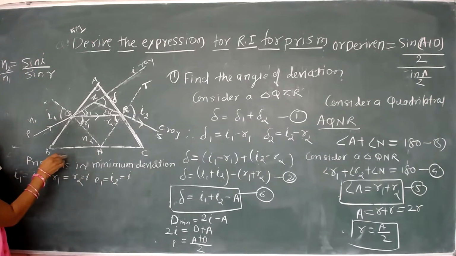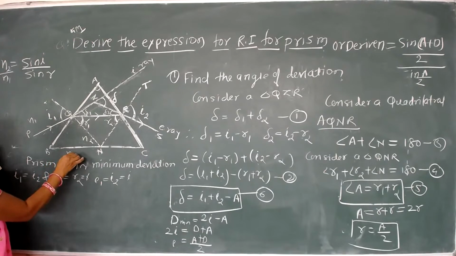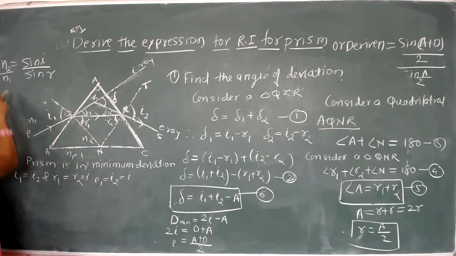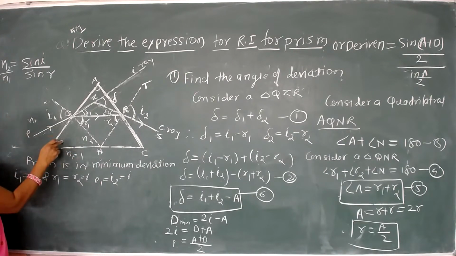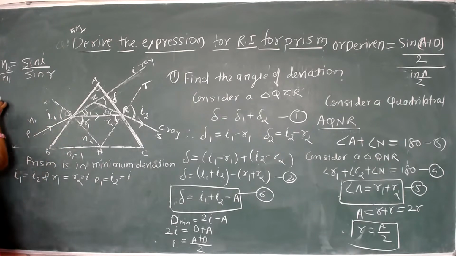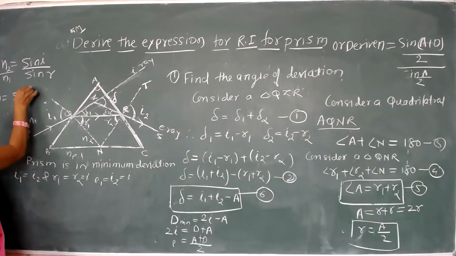The prism is set in air, so the refractive index of the air medium is 1, therefore n1 is equal to 1. And n2 is the glass medium, which is considered to be n.